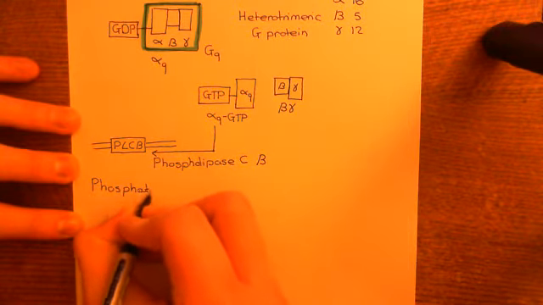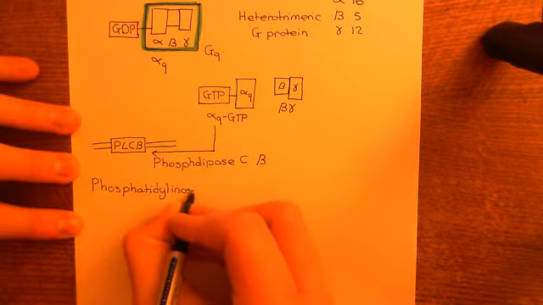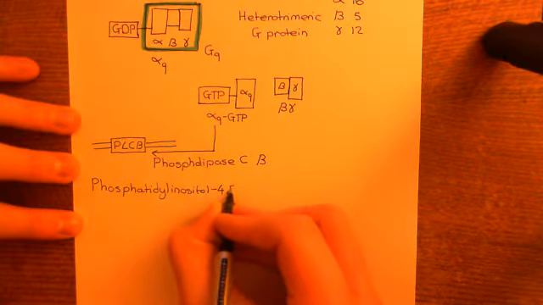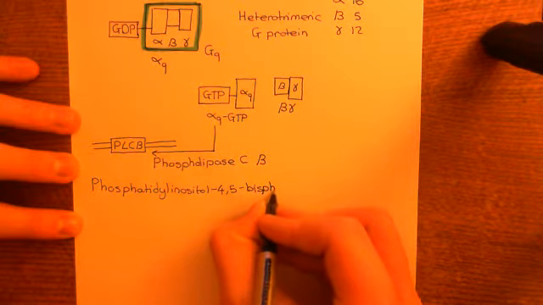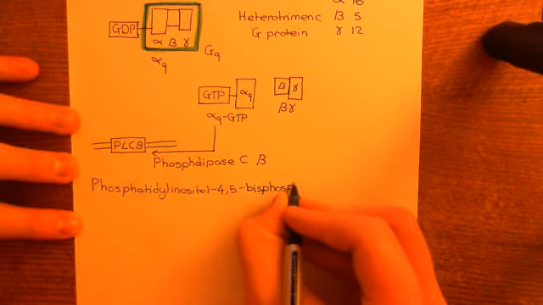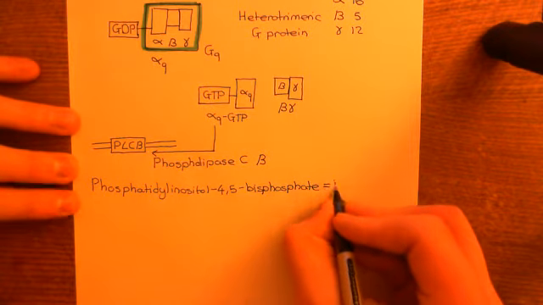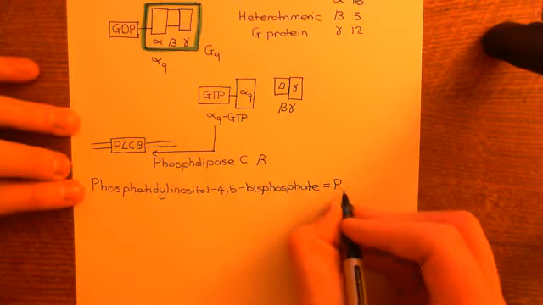4,5-bisphosphate. So phosphatidyl inositol 4,5-bisphosphate is often abbreviated to PIP2. Let me explain the logic behind this. The first P here is phosphatidyl.